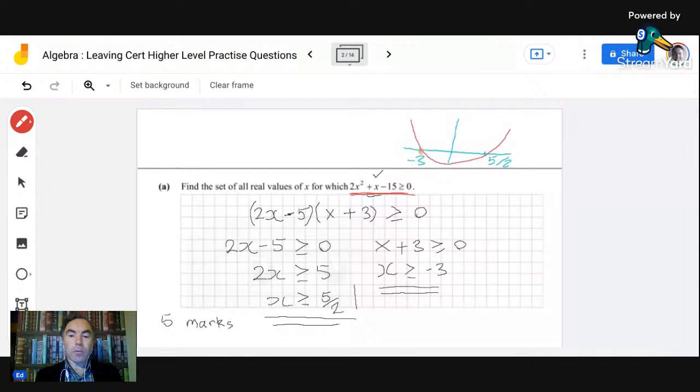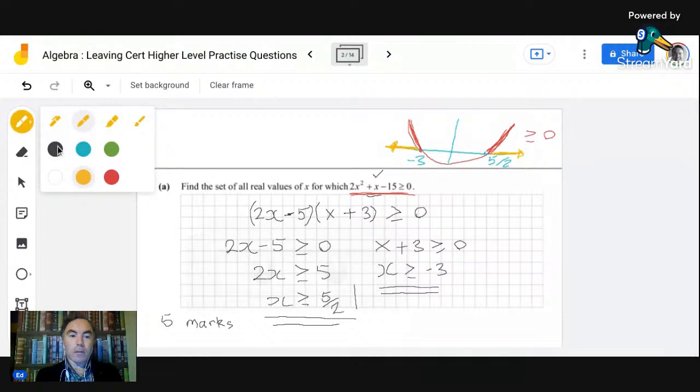So there are output values which are greater than 0, which will be above the x-axis. So greater or equal to 0 up here, and they will correspond to the values down here on the x-axis. This side is the lower limit, and this side is part of the higher limit.